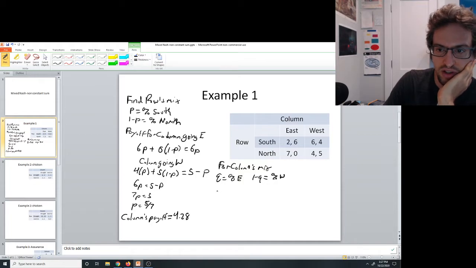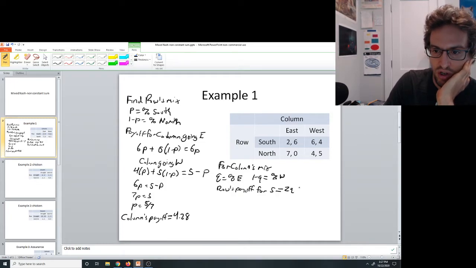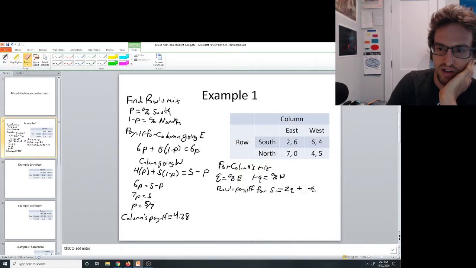So then we need row's payoff. Row's payoff for going south is 2Q plus 6 times 1 minus Q, which, if you do the math, is 6 minus 4Q.